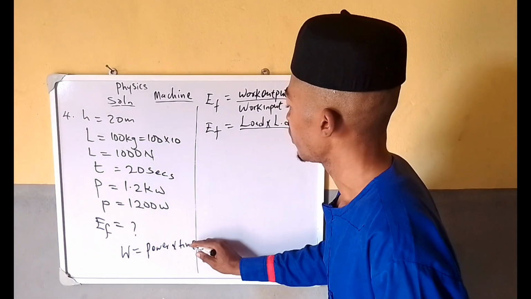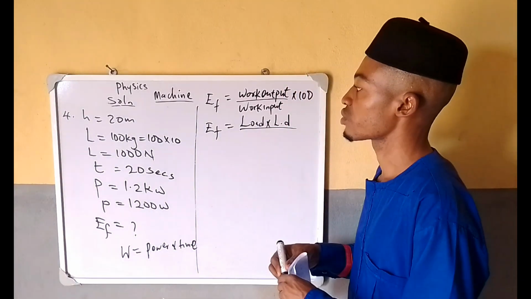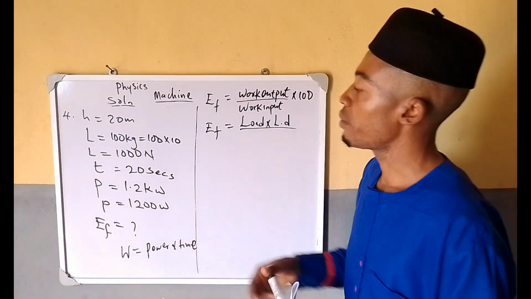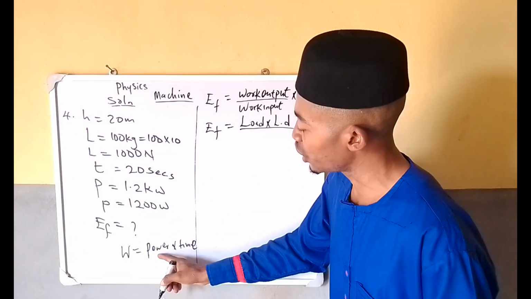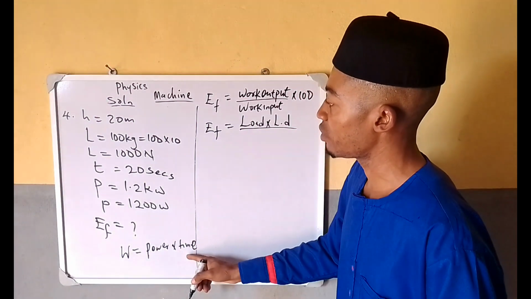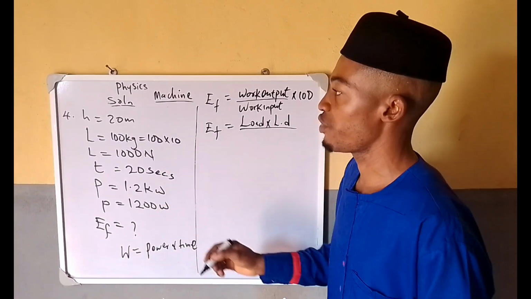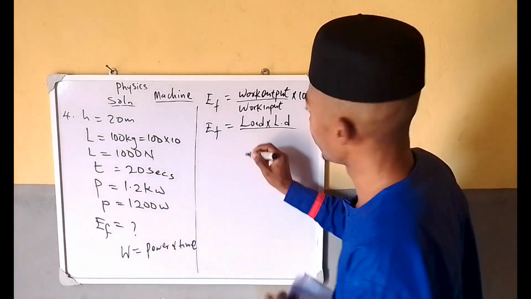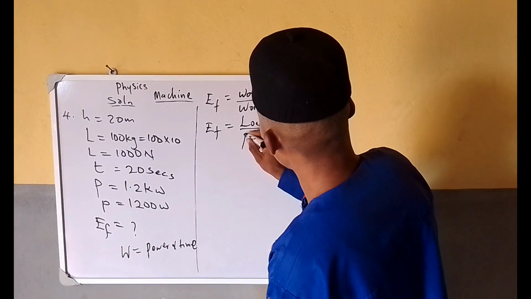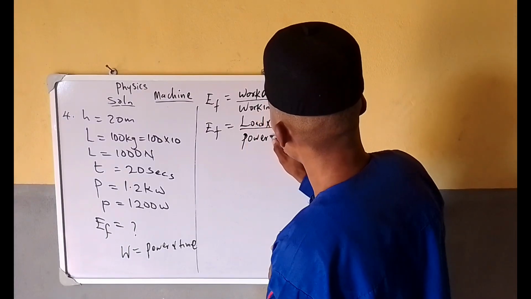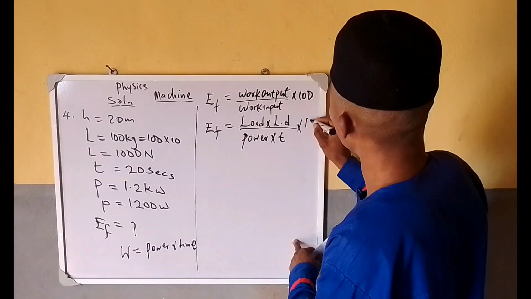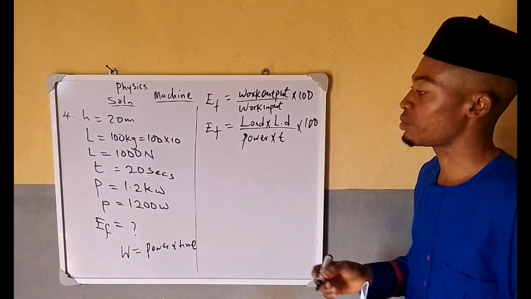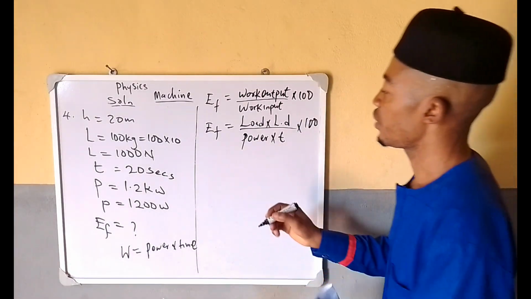So the work that is done on the machine is the power of the engine multiplied by the time during which it performed the task. So it is going to be power multiplied by time, then this 100 here. So this expression I'm going to use to find the efficiency.